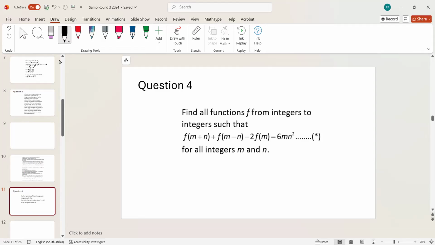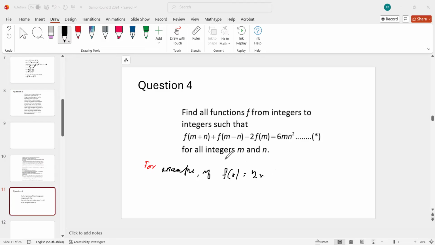Now, for instance, if I just take a guess, a random function, say, for example, f of x equals 2x.